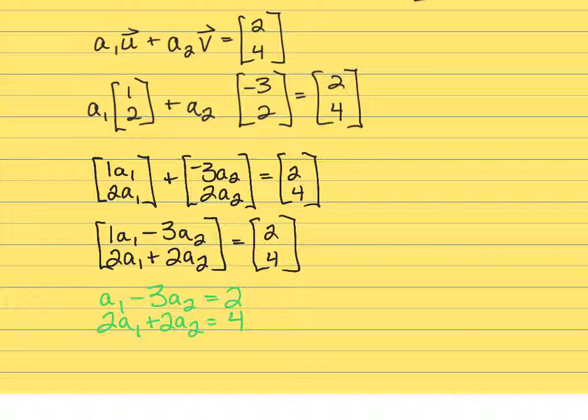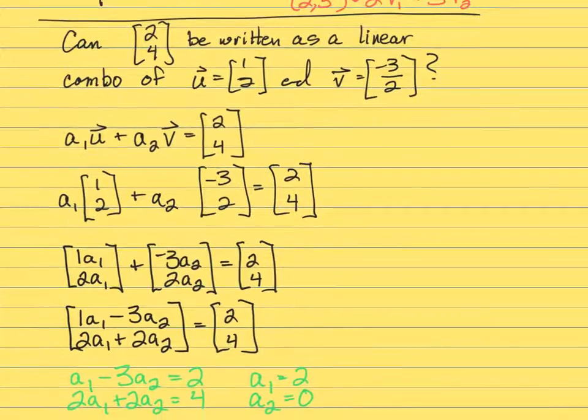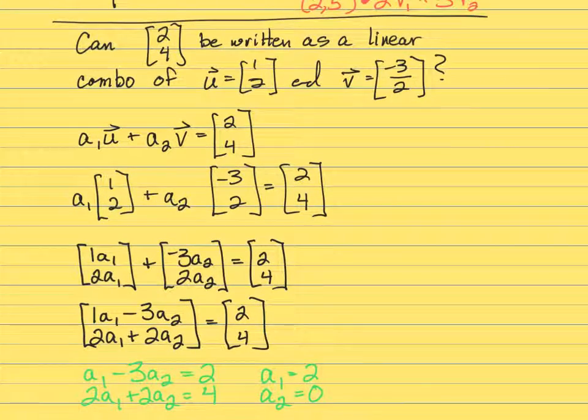With a real quick turnaround here, we see the solution, and we could have seen this from the get-go: a sub 1 equals 2, a sub 2 equals 0. That particular linear combination shows us that yes, we can write our vector as a linear combination.